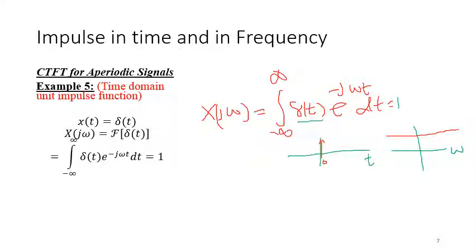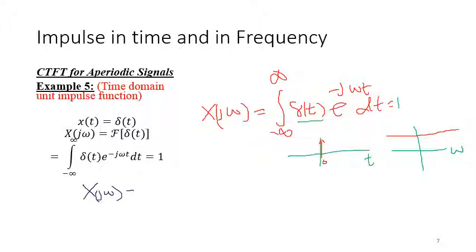Similarly, if we have impulse in frequency domain, what will be its value in time domain? For example, we have a signal, let me say a signal x of j omega, right?